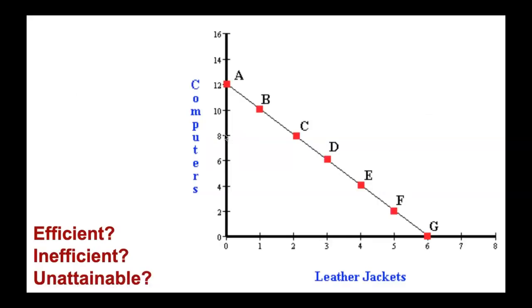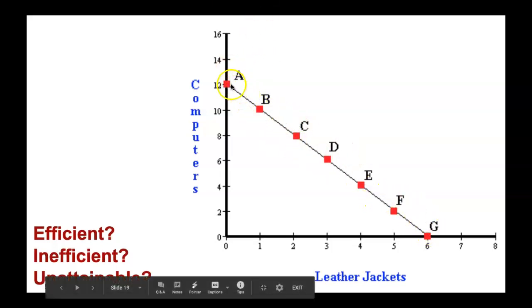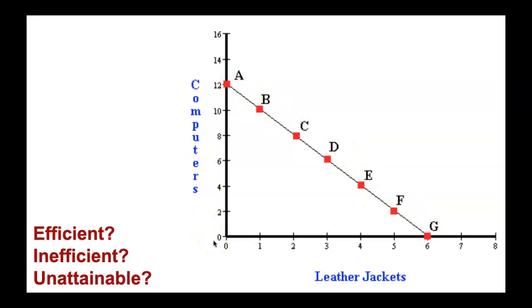Okay. Now, let's practice this a bit. If production were set at 2 units of leather jackets and 4 units of computers, would that be efficient, inefficient, or unattainable production? Keeping in mind that this is the production possibilities frontier, or the production possibilities curve. Okay, next question.